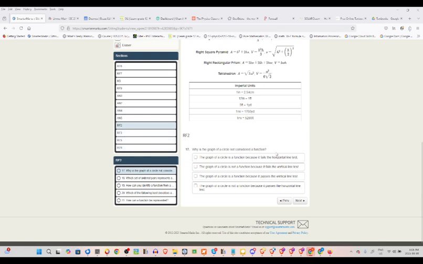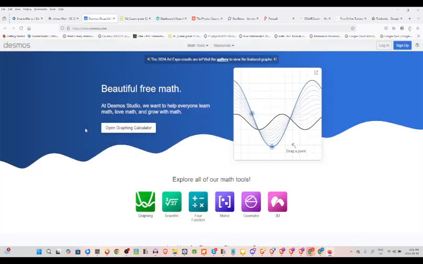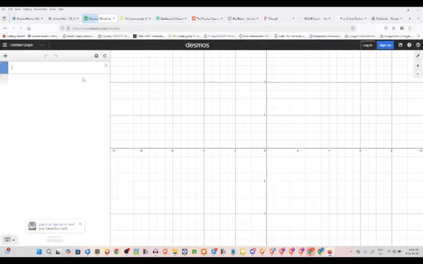Our last set of questions. The graph of a circle is not considered a function because it fails the vertical line test. The vertical line test is what we use to check for functions. If it passes, then it's a function because a vertical line never passes through it more than once. So if we are looking at a circle, x squared plus y squared equals our radius squared.